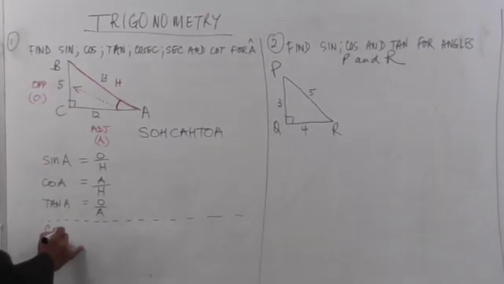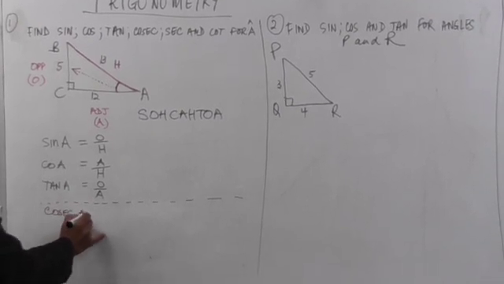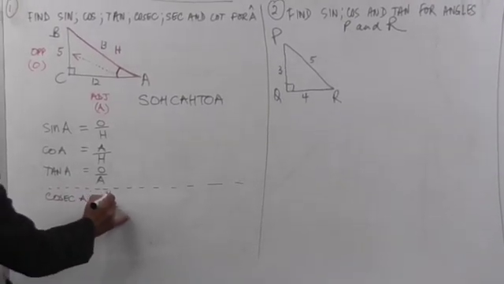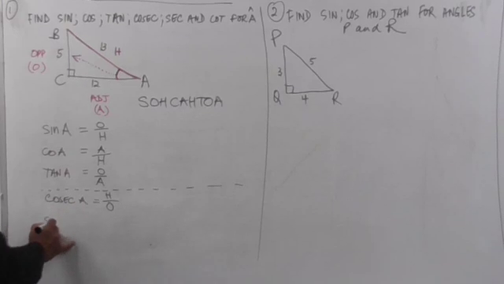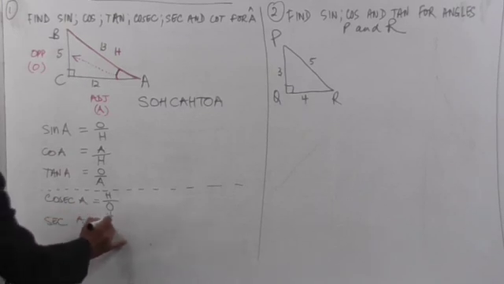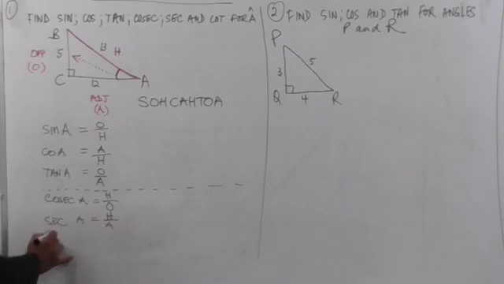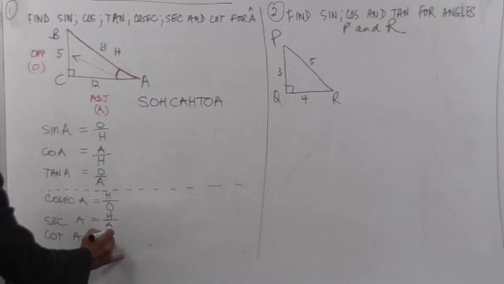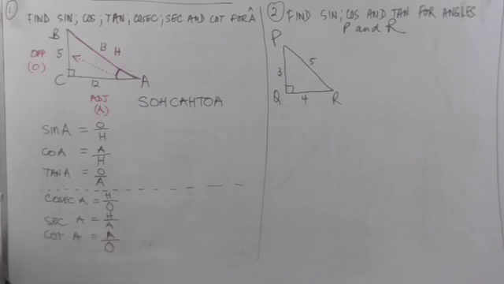So you have cosec A, which is equal to H over O. Sec A, which is equal to H over A, and cot A, which is equal to A over O. Now to find the answers.